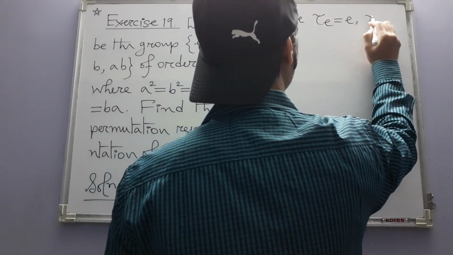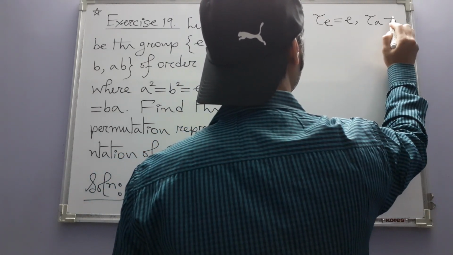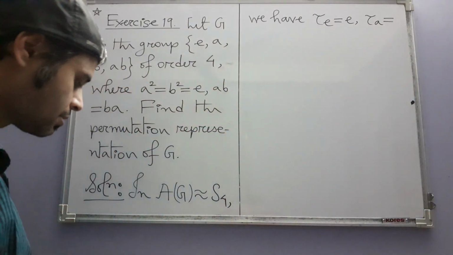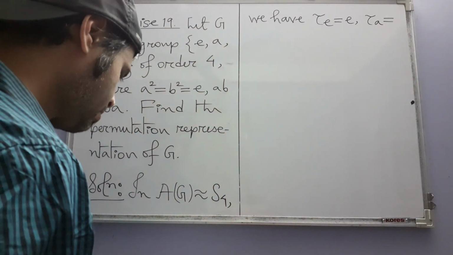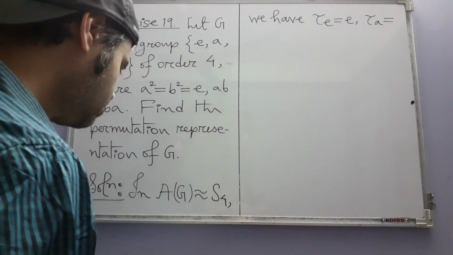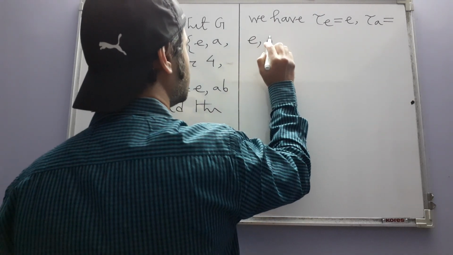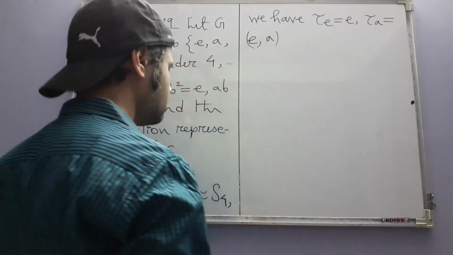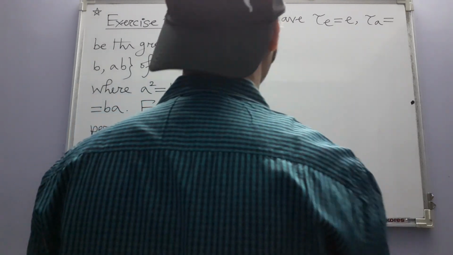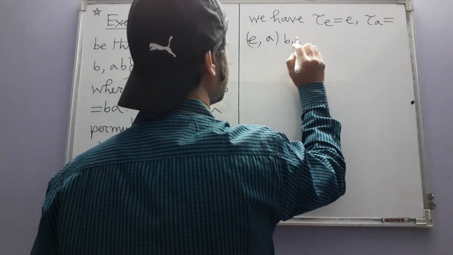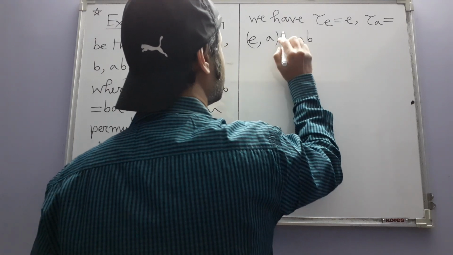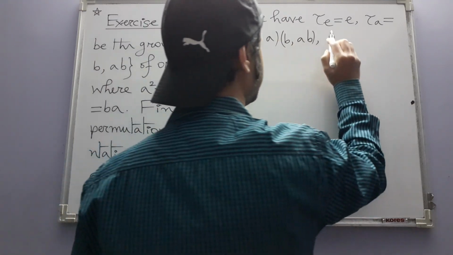tau e equal to e, then tau a is this permutation. It's a product of two transpositions, and these transpositions are, one of them is (e, a) and the other is (b, ab).